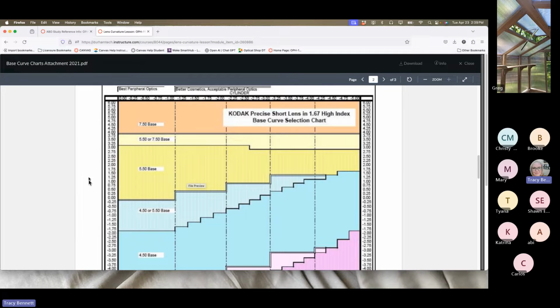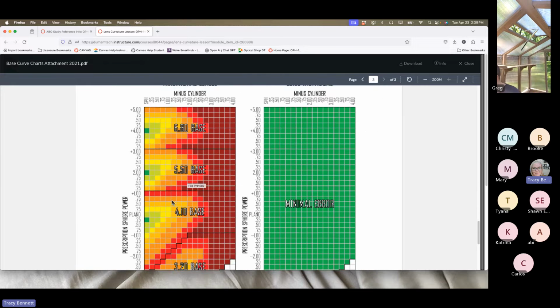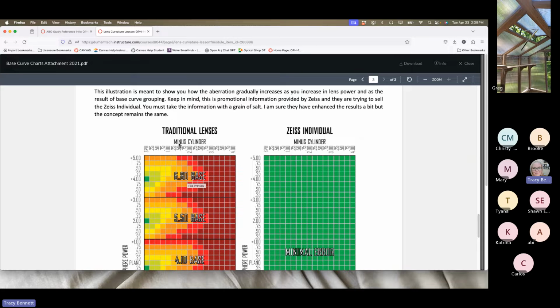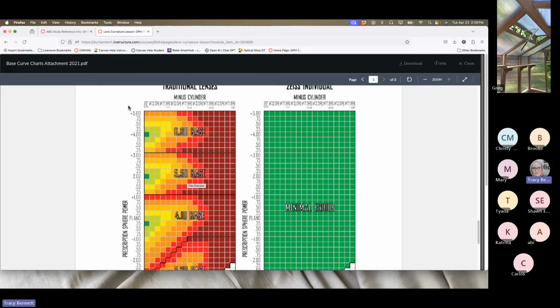It's hard to see. Most targets are going to have your sphere and cylinder marked. Like this one, this is another base curve chart, and you see prescription sphere power, and then they say minus cylinder power. So a lot of times they'll mark it. But one thing you can always know, they're going to offer you more sphere variation than they will cylinder variation. And this one's a little confusing because they put that sphere there.